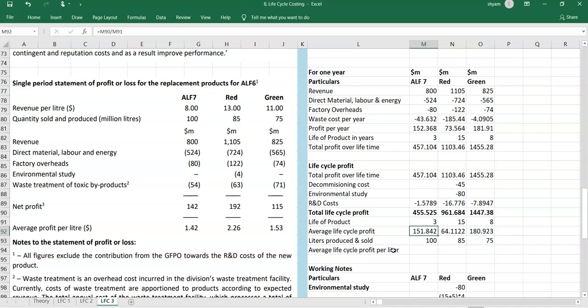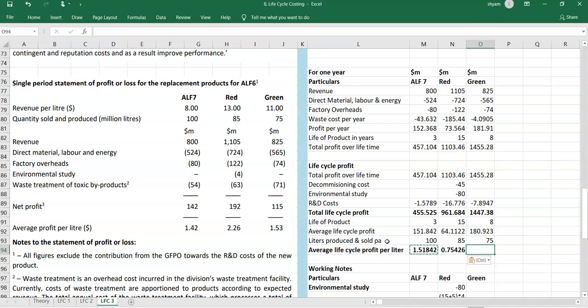So the number we have here is the average profit per year, and this is the liters produced and sold per annum. Divide both, you will get the profit. This is the most key number at the end of the problem, which is average life cycle profit per liter.